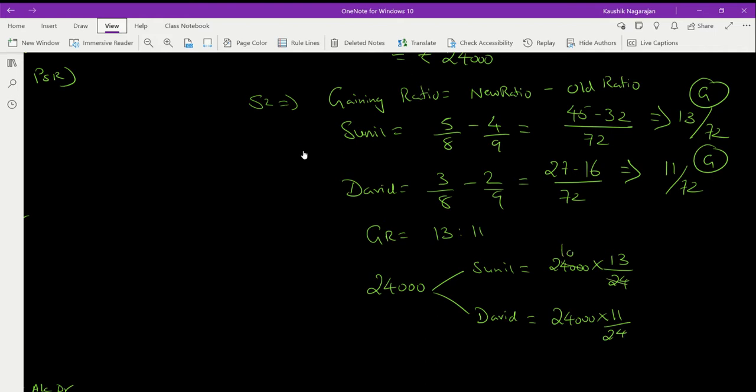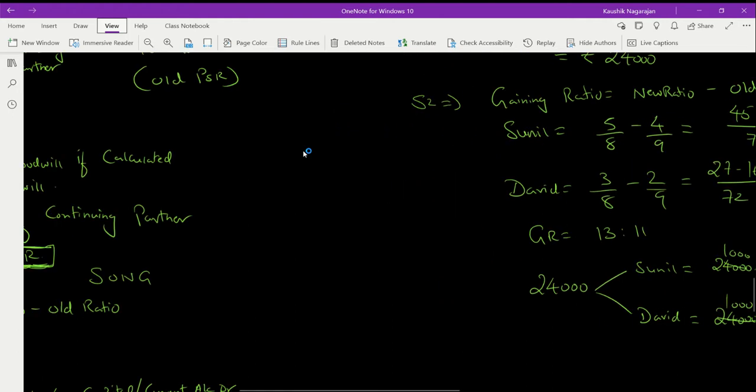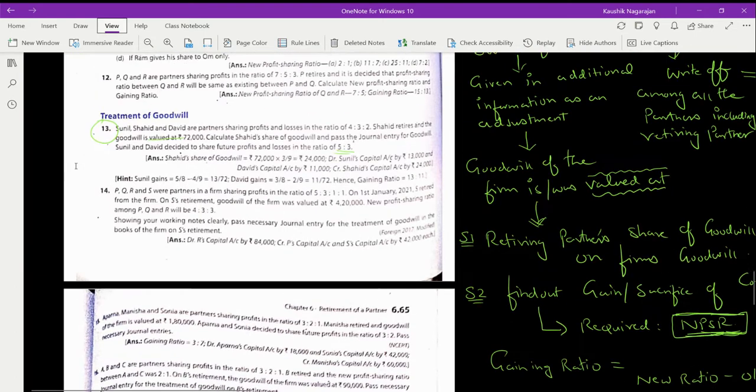Cancelling, you get 1000 each. So Sunil has to pay 13,000 rupees and David has to pay 11,000 rupees. Just check it: 13,000 and 11,000 are the amounts to be settled to the retiring partner. So Shahid's capital is totally 24,000.